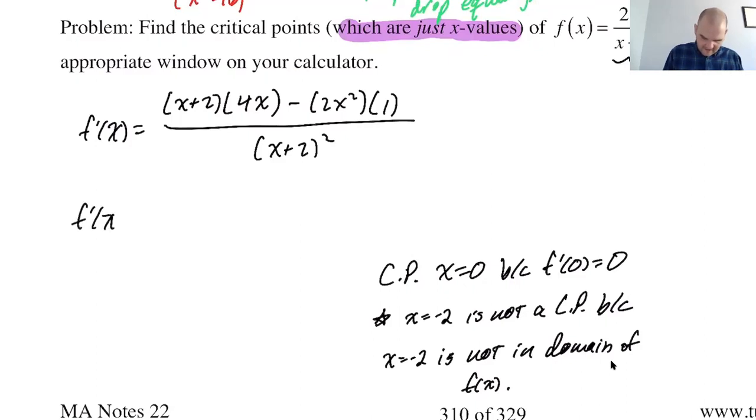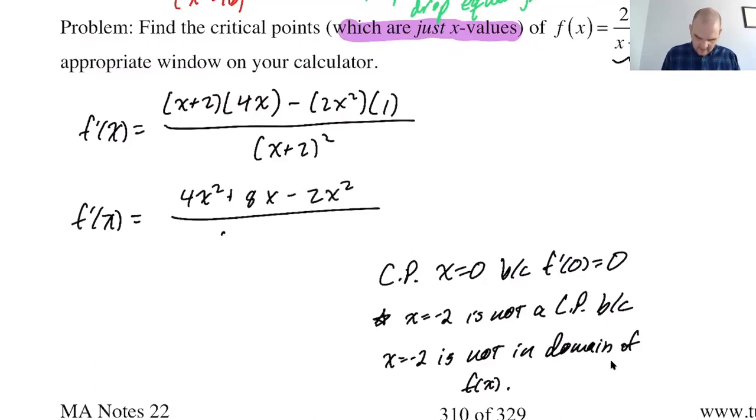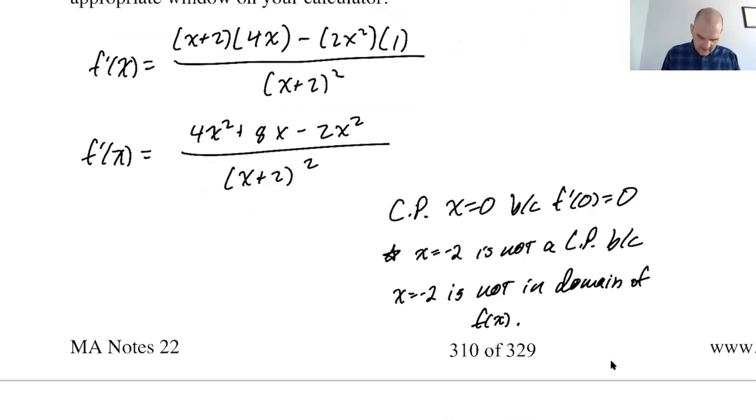f prime of x is, I'm just going to expand it because I'm afraid I'm going to mess this up again. So it's going to be 4x squared plus 8x minus 2x squared over x plus 2 squared. Woo, okay. I sort of apologize, but sometimes I think it's good for people to see me making these mistakes because everybody does it.